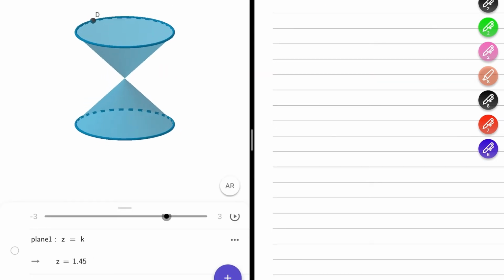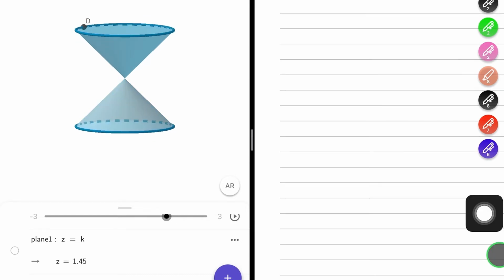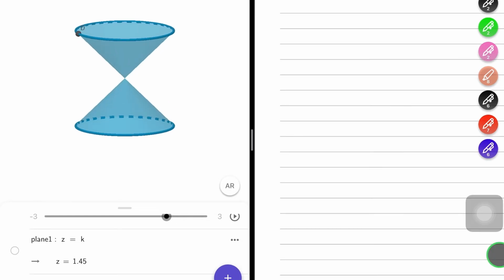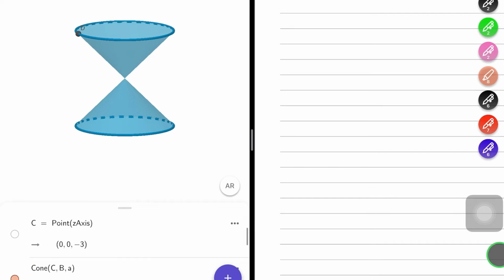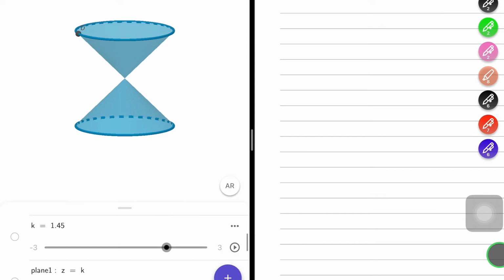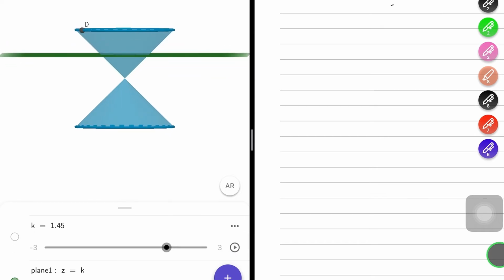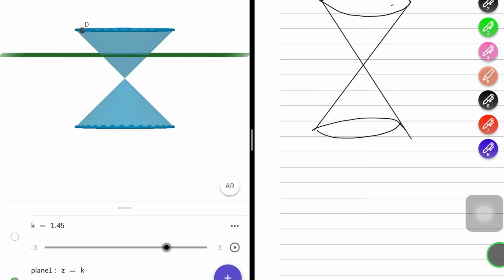Okay, so suppose this is a cone. We'll see how the intersection of a cone and a plane is a circle. So let's draw a plane. Yeah, so this is a plane. Observe that this is a cone, and the plane is perpendicular to the axis of the cone.